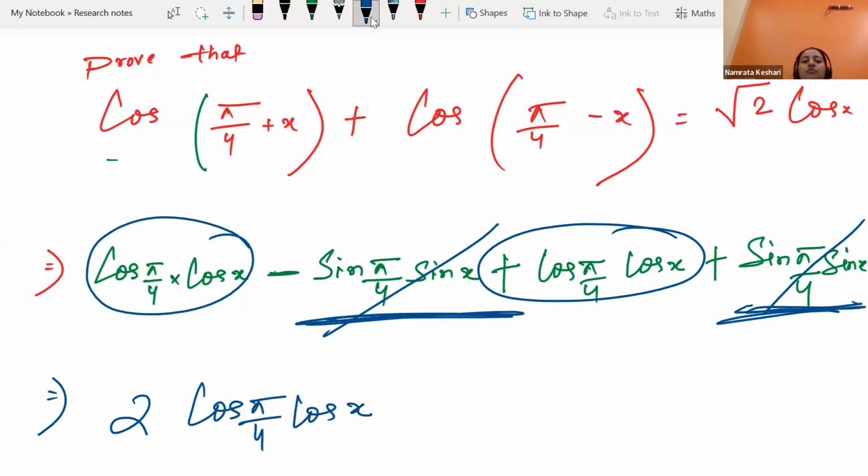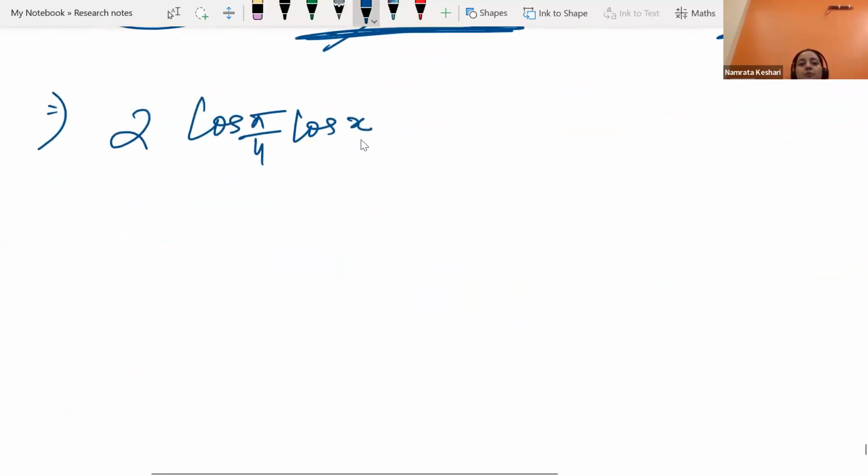What is the value of cos pi by 4? What is the result for cos pi by 4? Who will say?